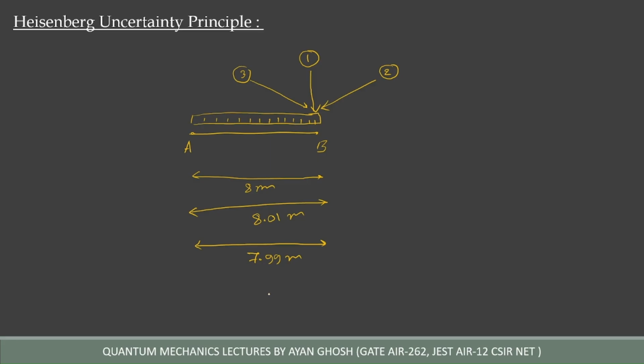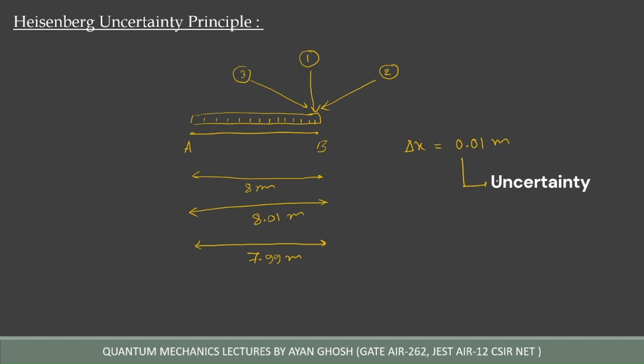From here you can observe that the maximum change, whether positive or negative, that is delta x, is 0.01 meter.